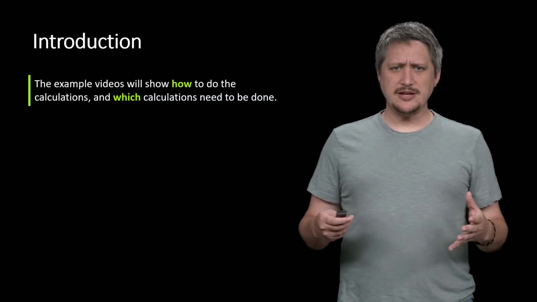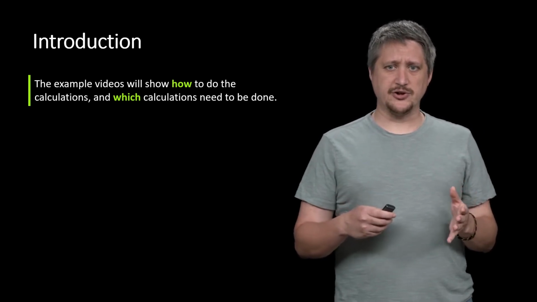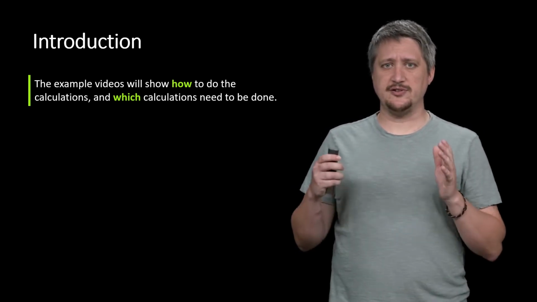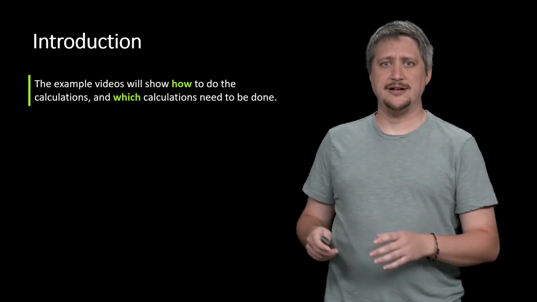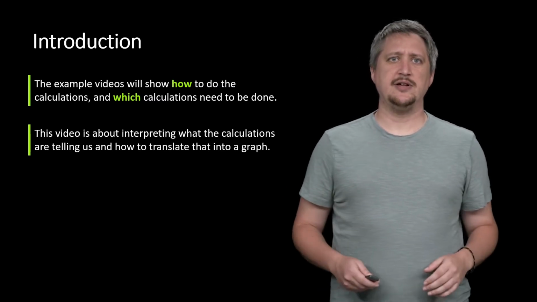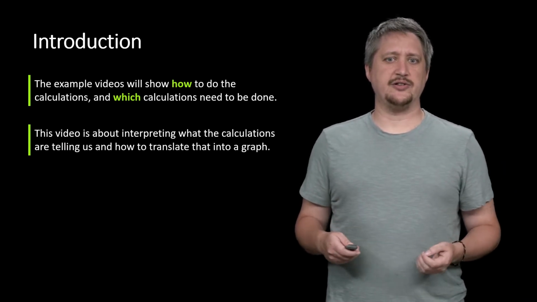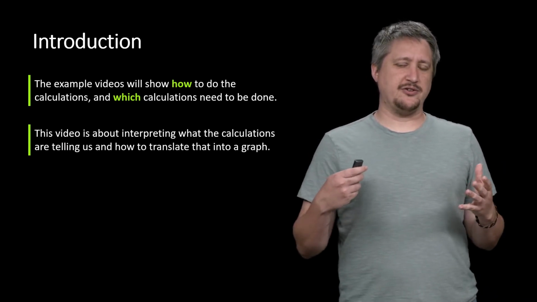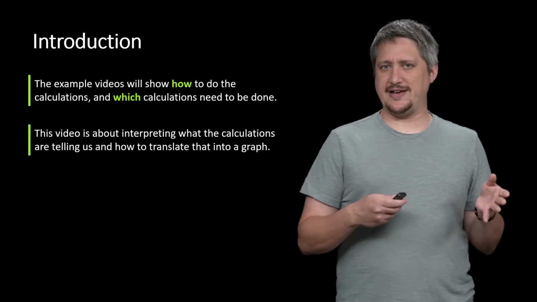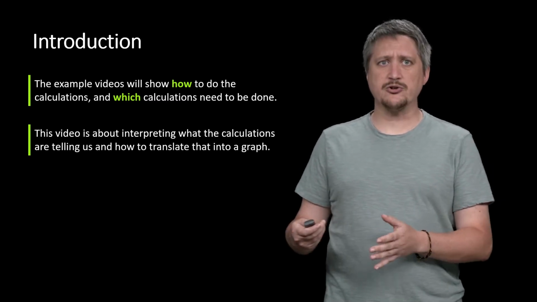The example videos are going to show how to do all the calculations, which calculations need to be done, and how to go through all of this stuff. This video is more about interpreting the result of those calculations. So what are the calculations telling us and how do we translate that information into an actual picture?